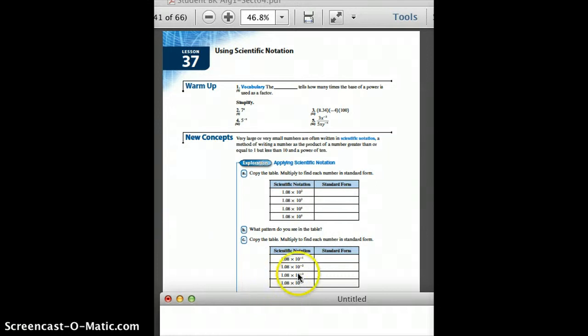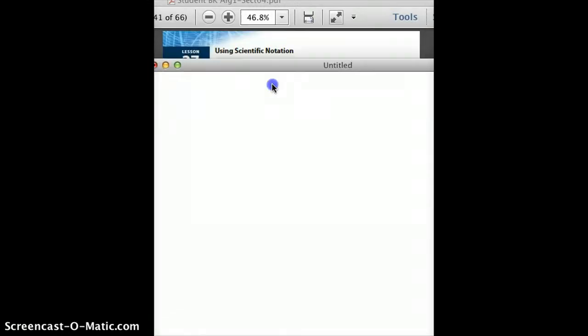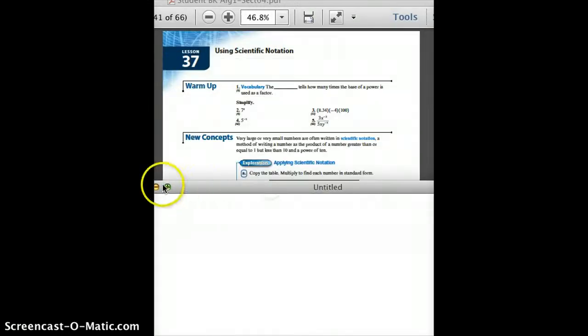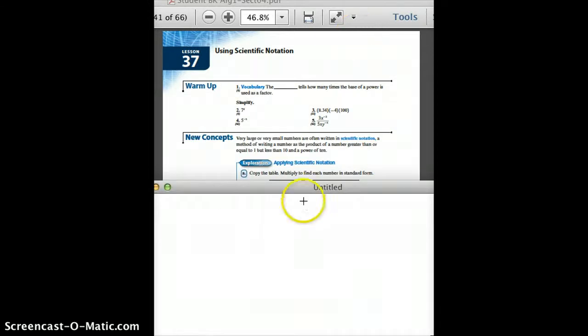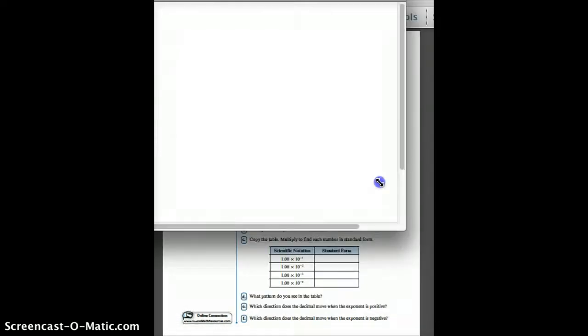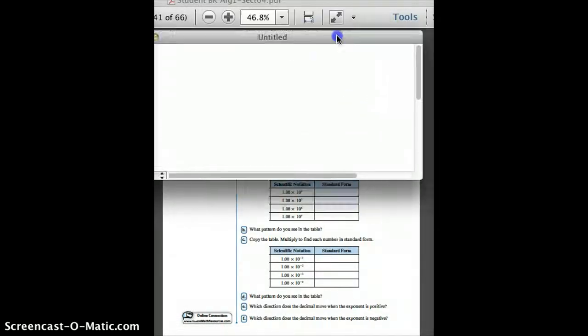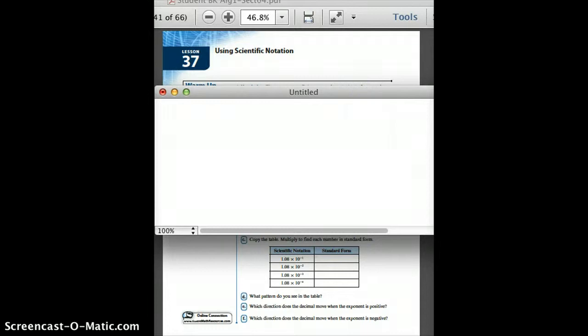Now notice these here. Okay, these are negative. These are negative integers there. Okay, remember, a negative integer does not mean a negative number. All right, a negative integer does not mean a negative number. A negative integer just means that it is a very small number. Okay, so let's start with the first one.